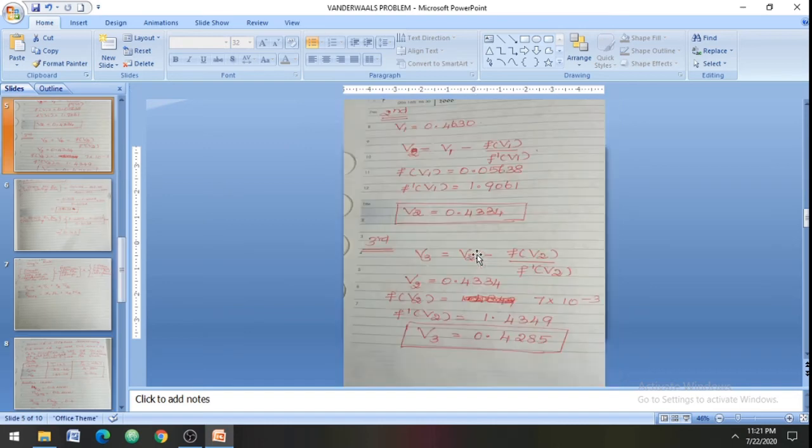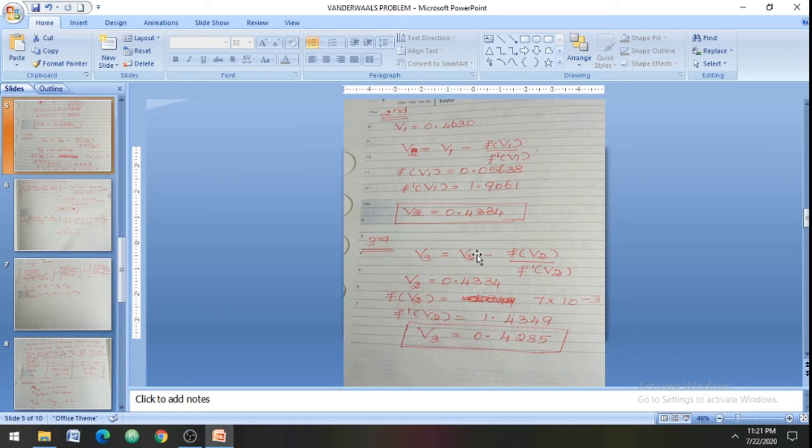Now go to the second iteration. The second iteration means n is equal to 1. So V2 is equal to V1 minus f of V1 divided by f dash of V1. This is the formula. V1 we already have, so we want f of V1 and f dash of V1.